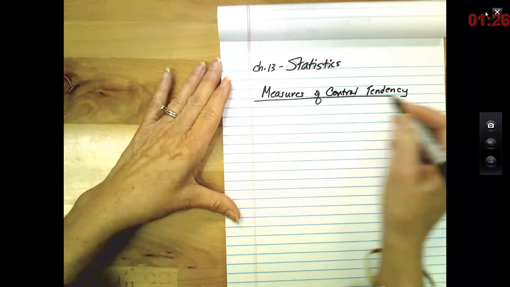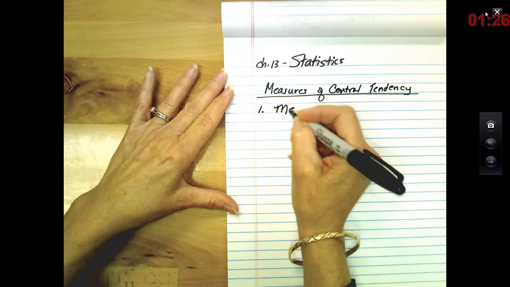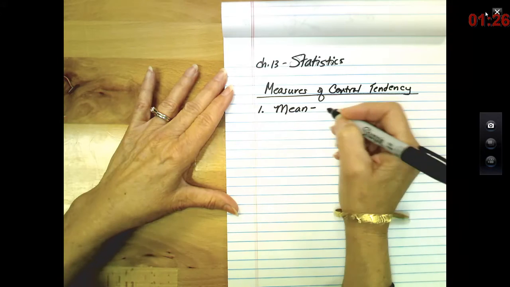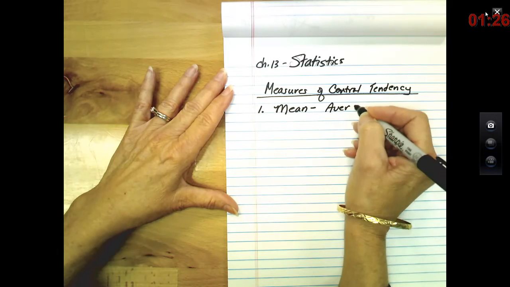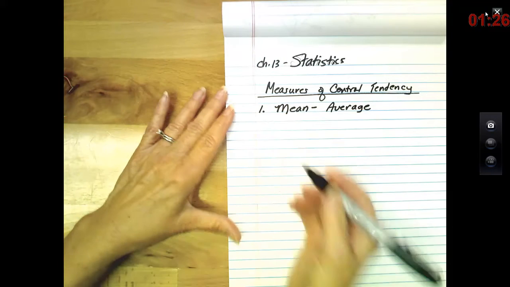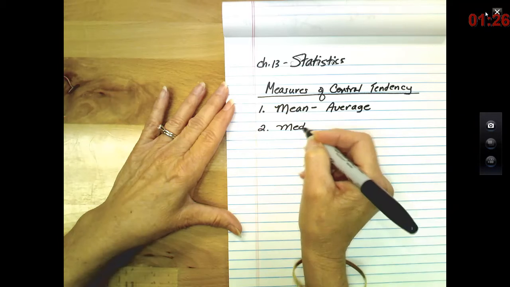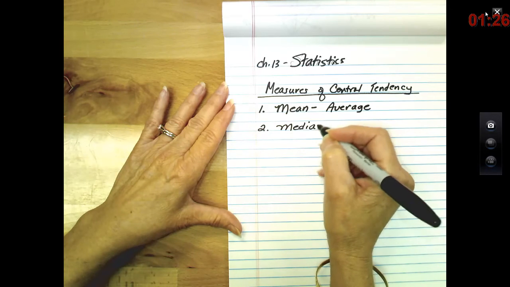Okay, and this has to do with a bunch of scores, and the first one is the mean, which is the same thing as the average. You have been averaging things most of your life. The next one is the median. What is a median in the road?